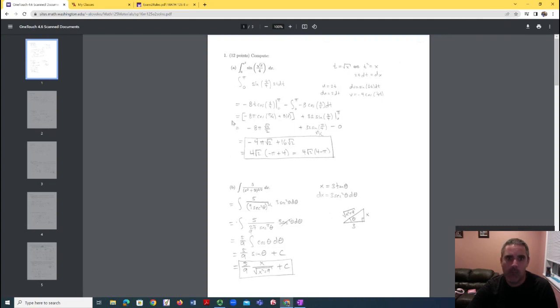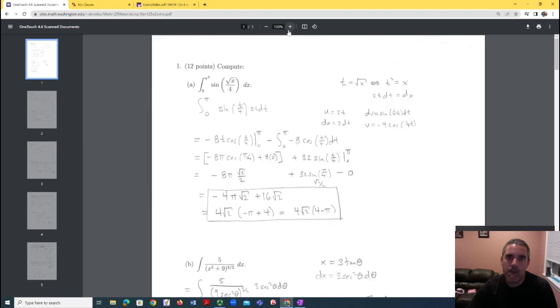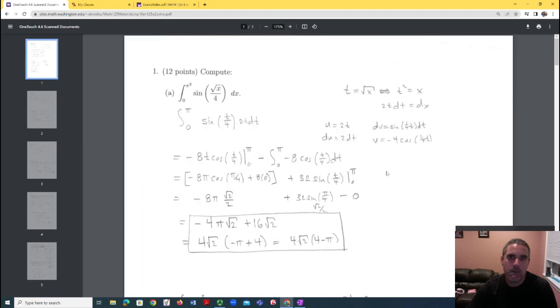There we go. So how did we do? I set it up a little differently. It looks like it's better to not choose the whole inside.